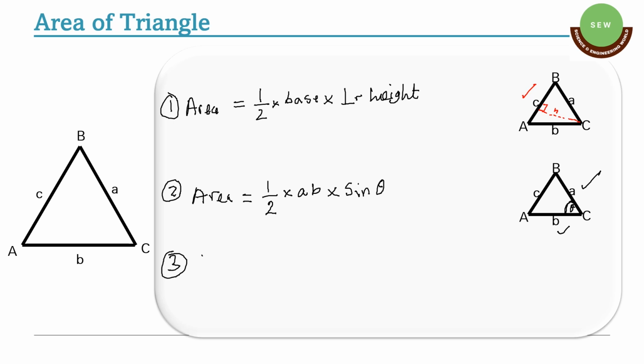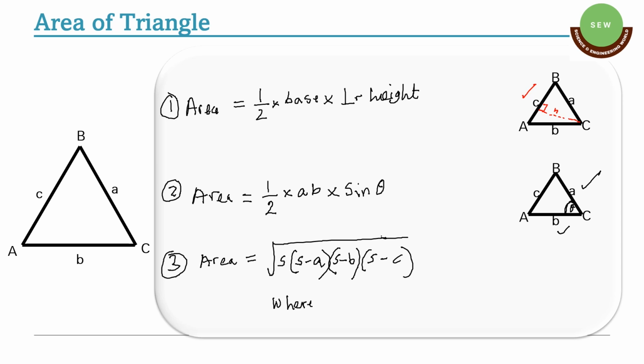So it says that area is equal to the square root of S into S minus A into S minus B into S minus C. So where S equals A plus B plus C over 2.